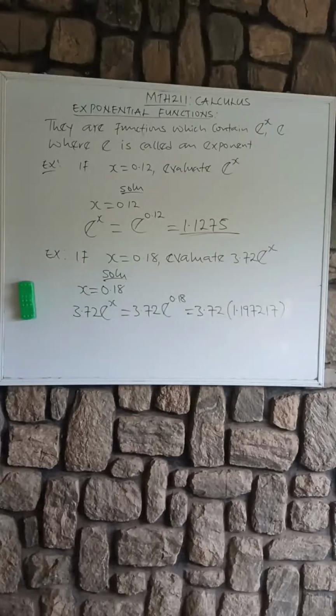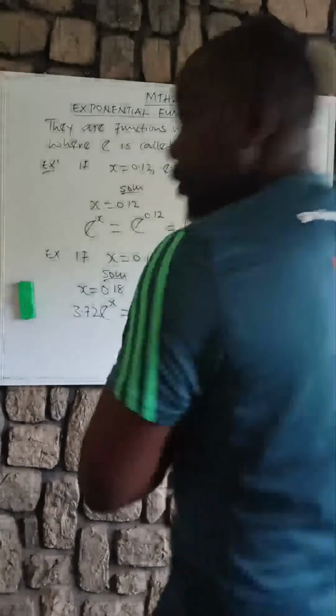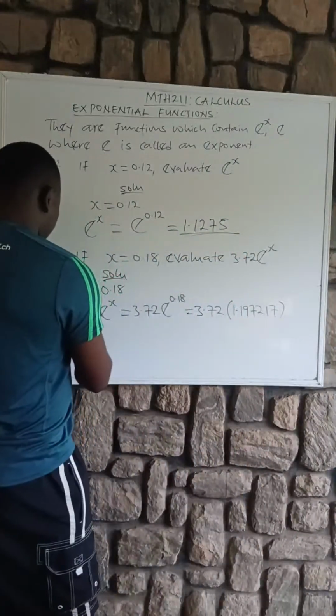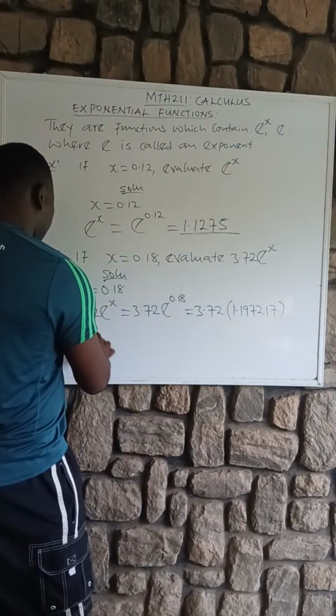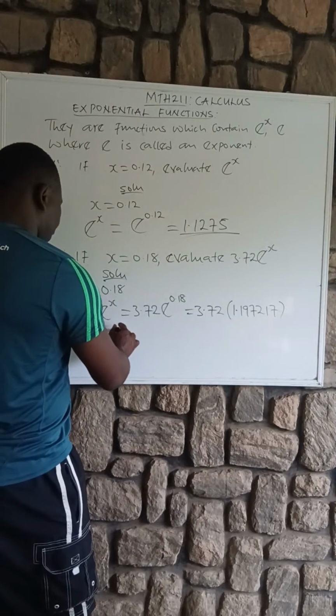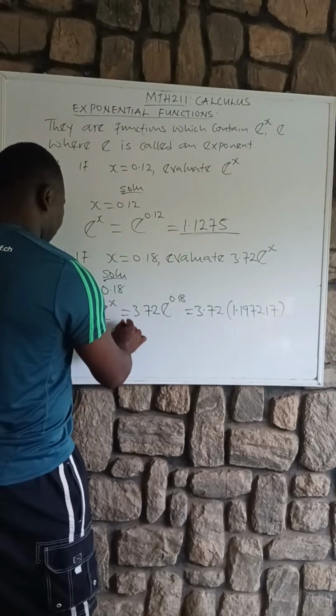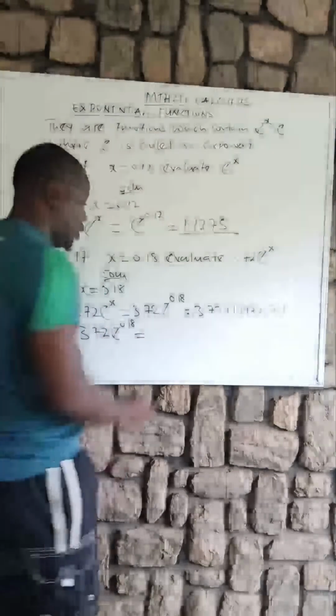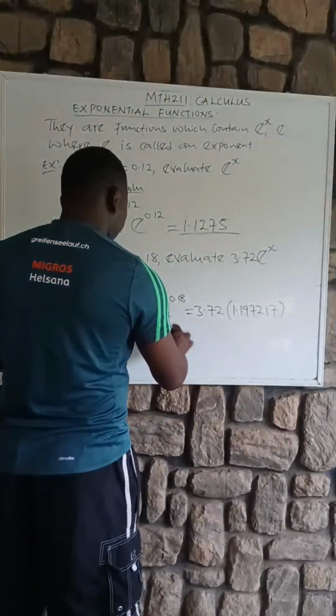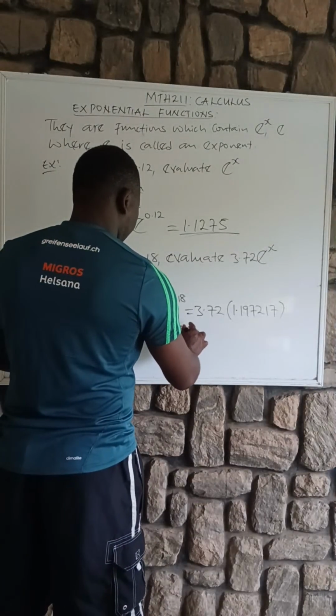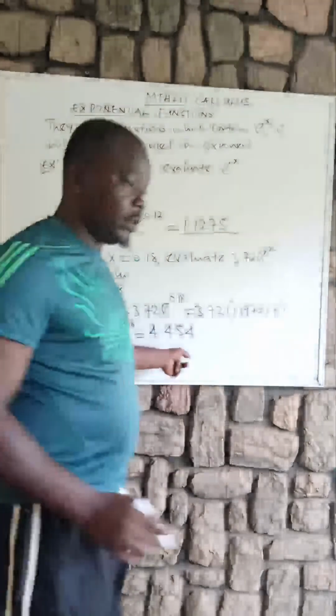Oh, peculiar. Daniel, 4.453, right? This will give us 4.4544.